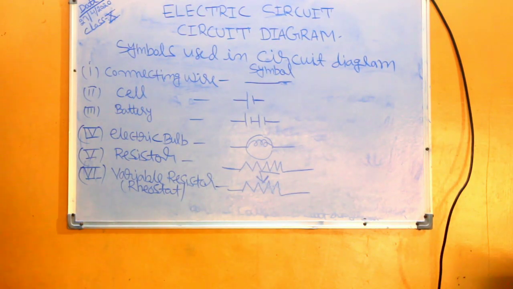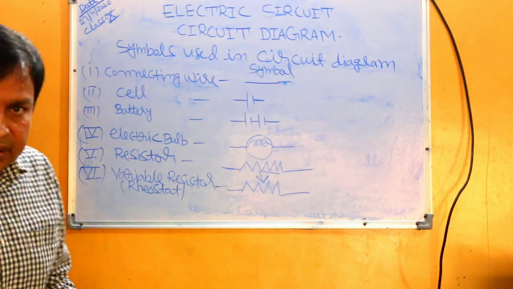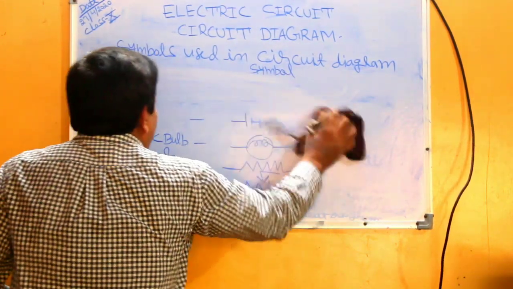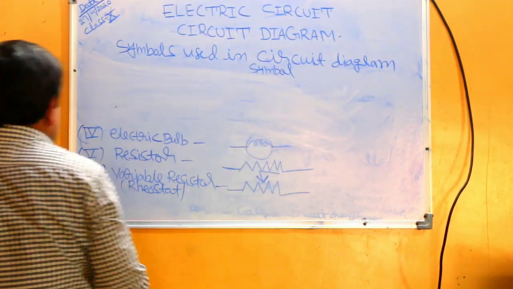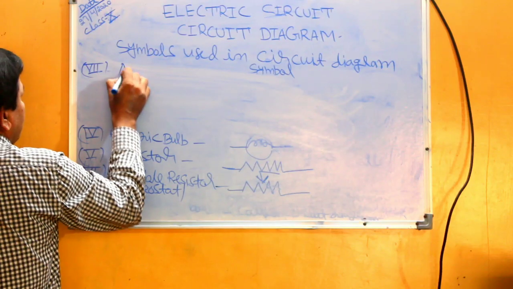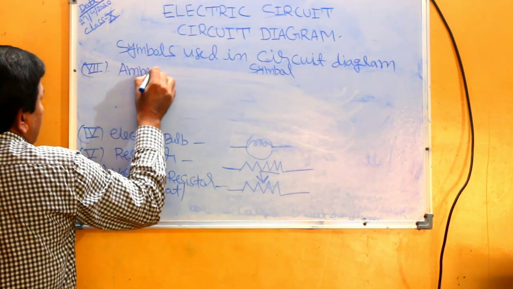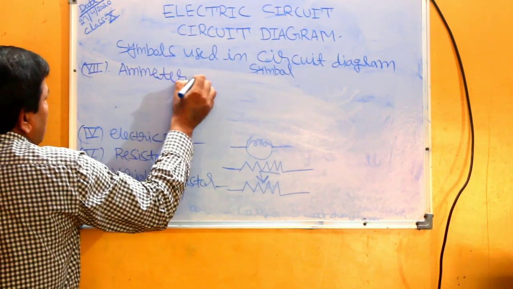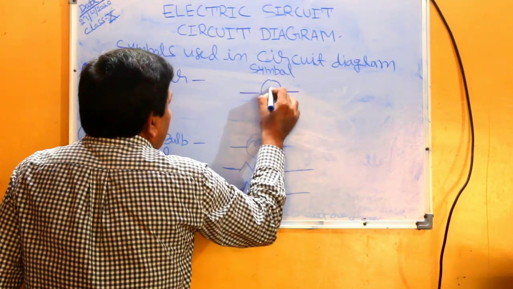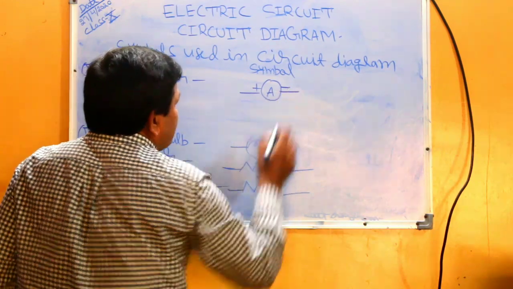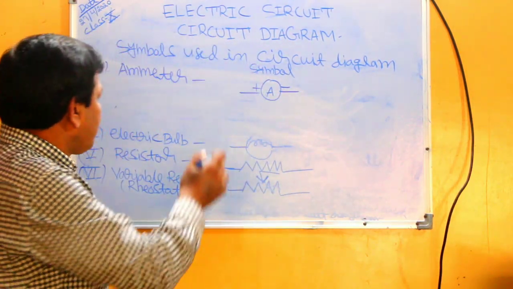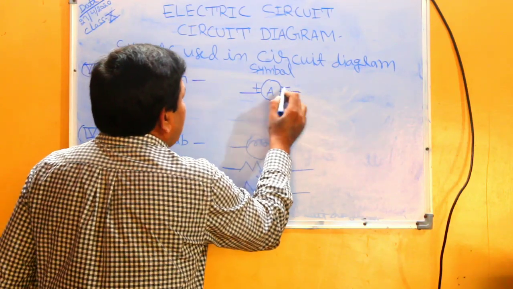And other devices are ammeter and voltmeter. Seven is ammeter. Its symbol is plus and minus. Just we put the capital letter A for ammeter and plus and minus terminals.